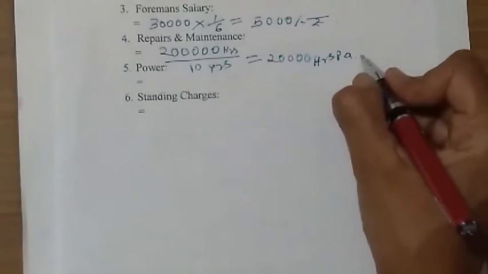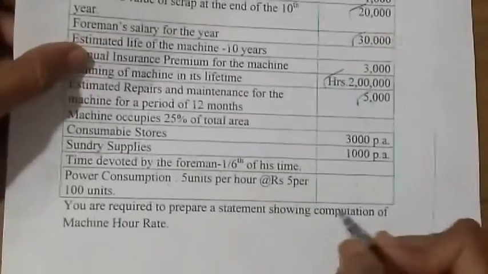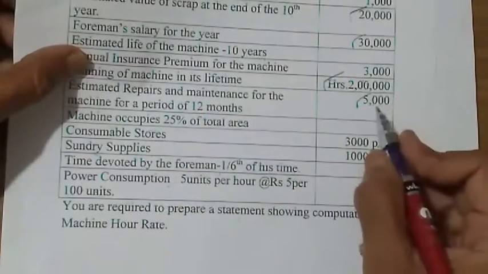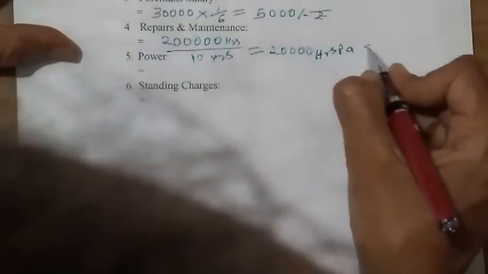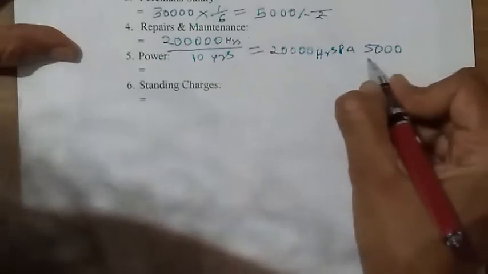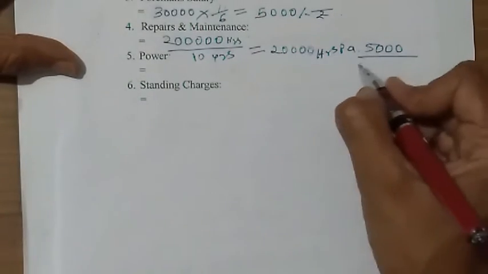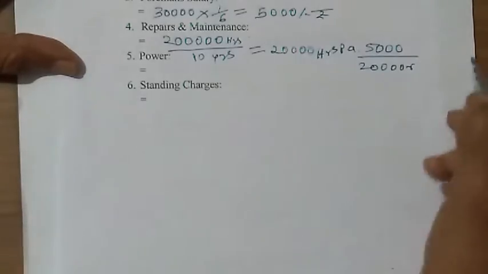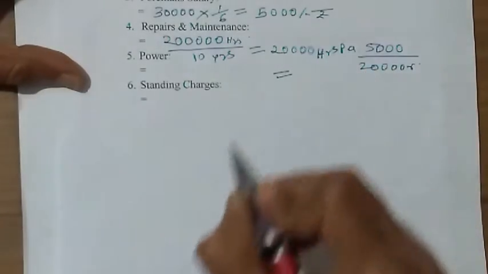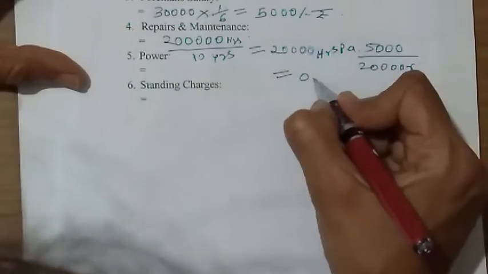In our problem, repair and maintenance amount is 5,000 rupees upon 20,000 hours, we get 0.25.